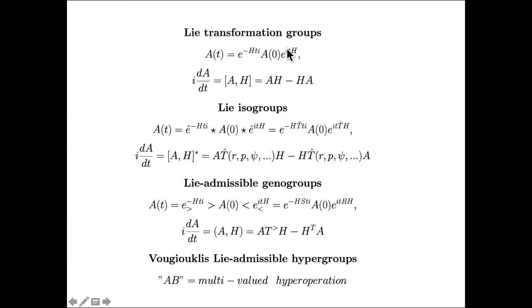It is a transformation group consisting of an action from the left on the observable A and an action from the right, which is the finite group theoretical version. The infinitesimal form is the conventional, well-known Heisenberg equations that we use in practical applications.